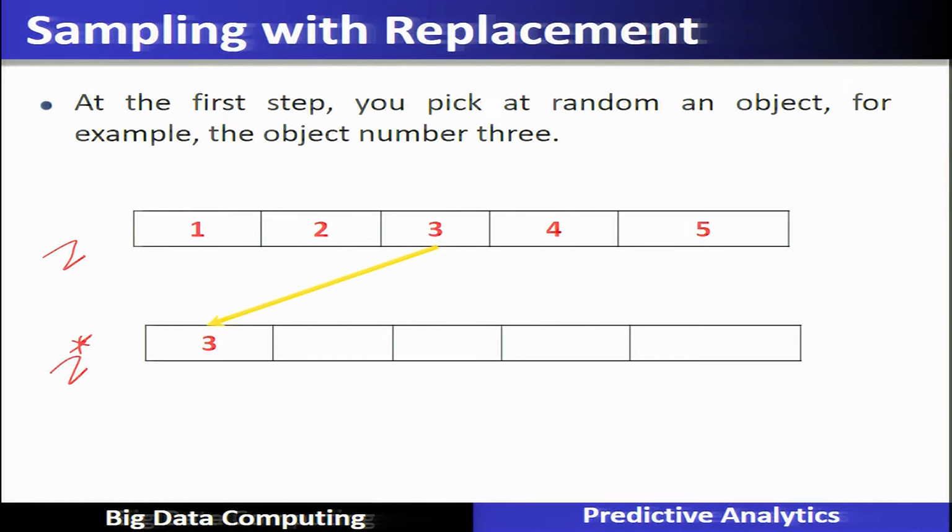Let us see that we will randomly pick an object of a data set. Let us say it is object number 3, and this is replicated here in the Z star, which is the replicated data set which we are building.